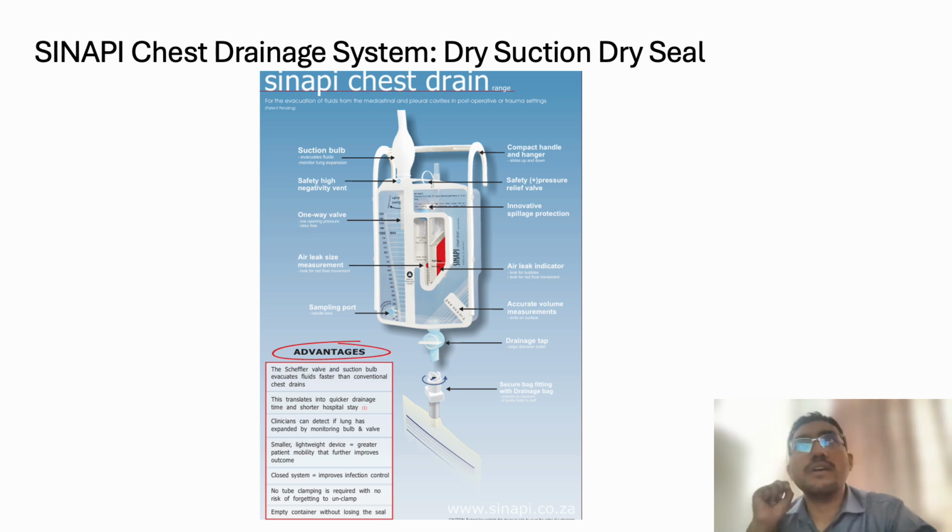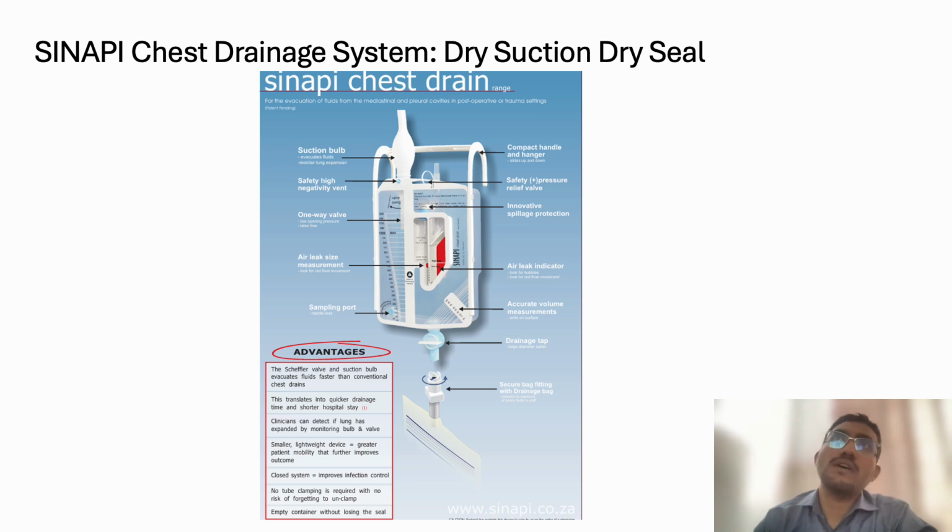So this is the newer type of underwater seal drain that we are using in our center. This is a dry suction, dry seal type of system, the SYNAPI chest drain. Here there is a one-way flutter valve, so that there is no air entry into the chest cavity.